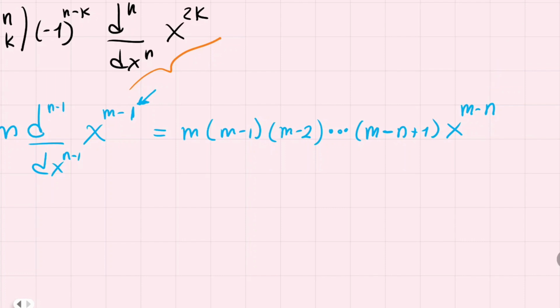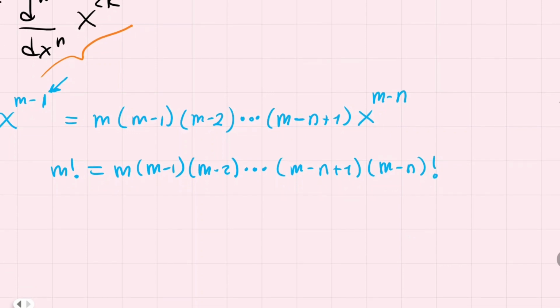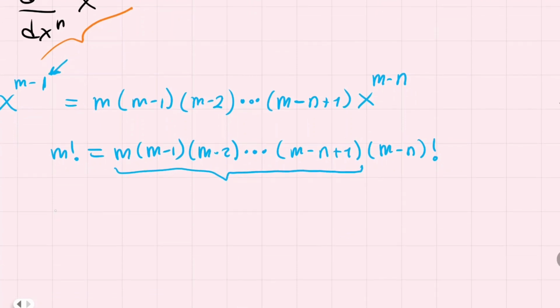But look, this is very similar to the term m factorial. What is m factorial? It will be m times m minus 1 times m minus 2 all the way up to m minus n plus 1 times m minus n factorial. Okay? And then we can say that all this expression that we have here is going to be equal to m factorial over m minus n factorial.